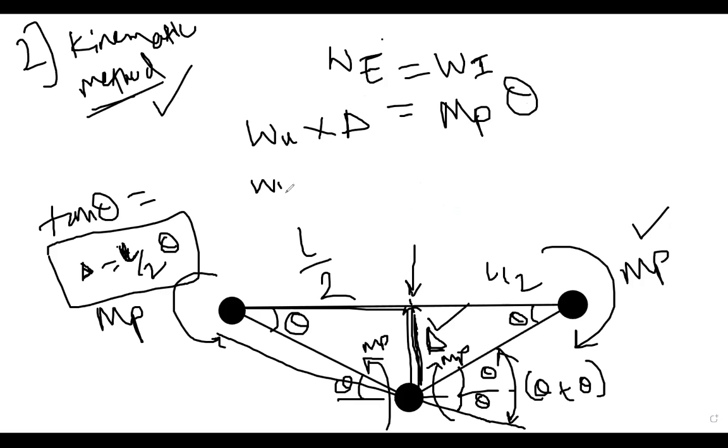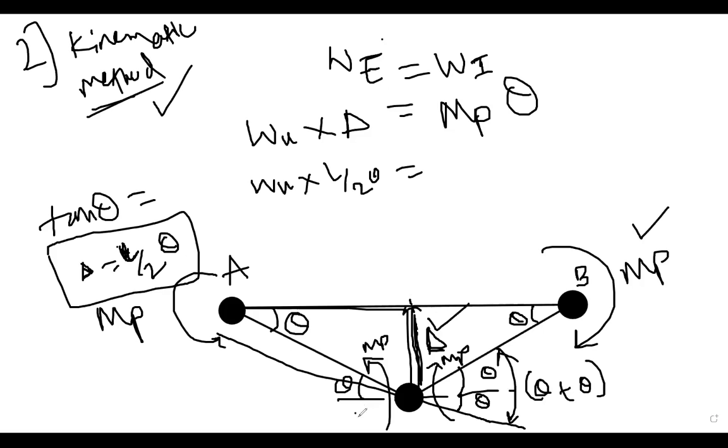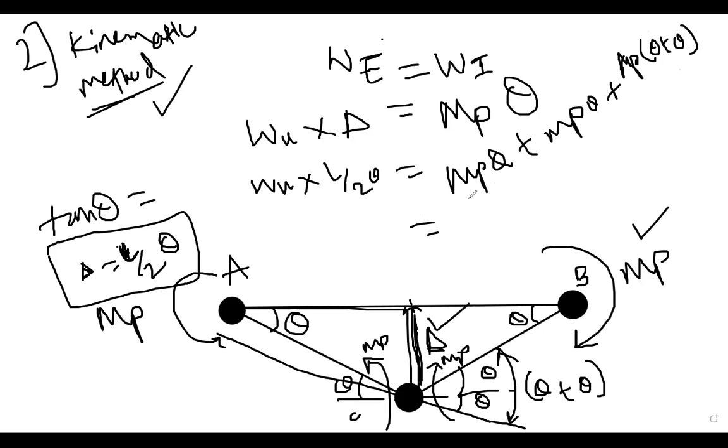So WU into delta, which is L by 2 into theta, is equal to MP at A, at B, and at C. So MP into theta at A plus MP into theta at B plus MP into theta plus theta at C. So 4 MP theta is equal to WU L theta by 2.